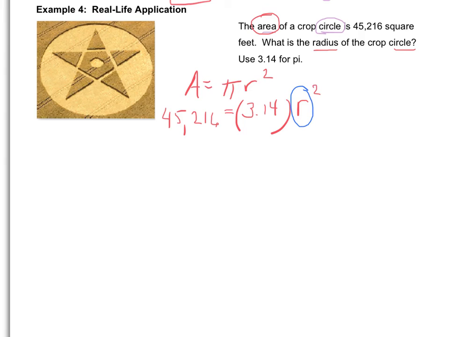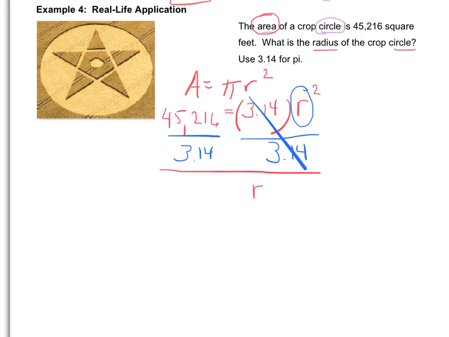On the side with the r, I see a square, which is an exponent, and multiplication times 3.14. In PEMDAS, multiplication would come first, so I'm going to divide both sides by 3.14. That cancels it out on that side, leaving me with r squared. On the other side, when I do that out, I get 114,400.